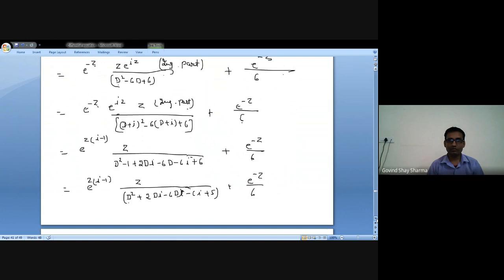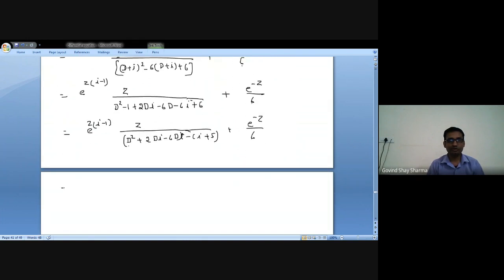So we take out 5 minus 6i. Very lengthy question, attempt it very carefully. 5 minus 6i, so it will become 1 plus D square plus 2D i minus 50 upon 5 minus 6, plus e to power minus 0.